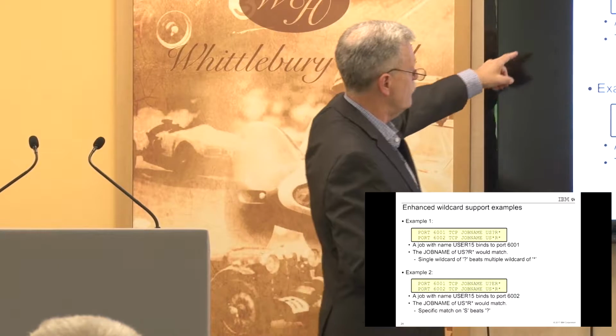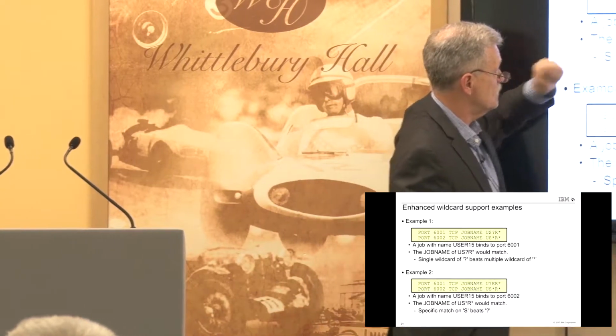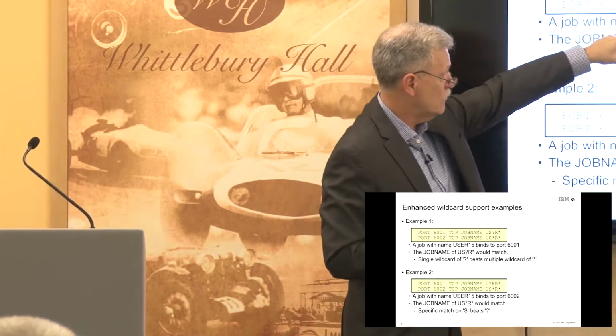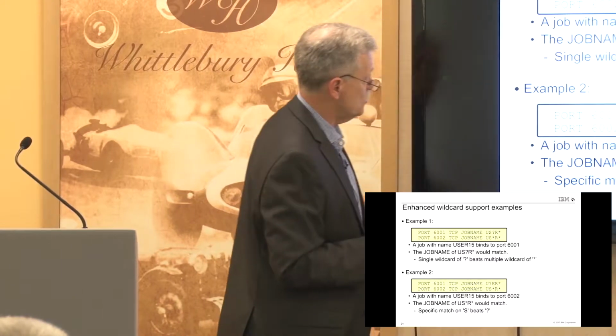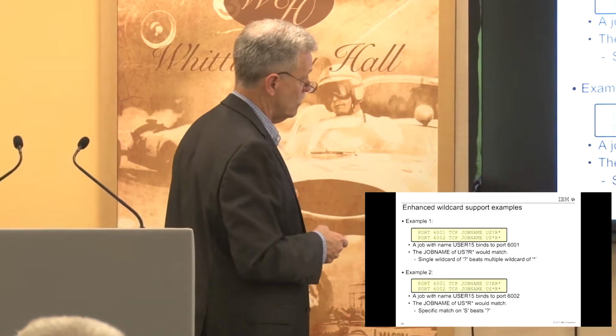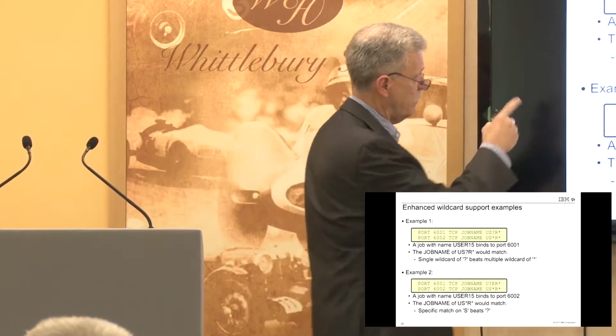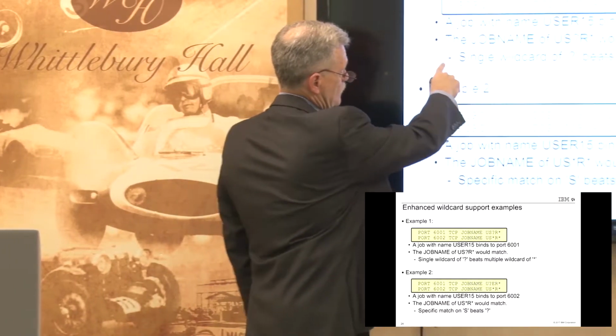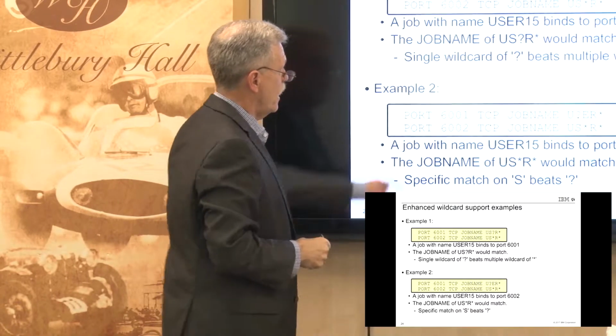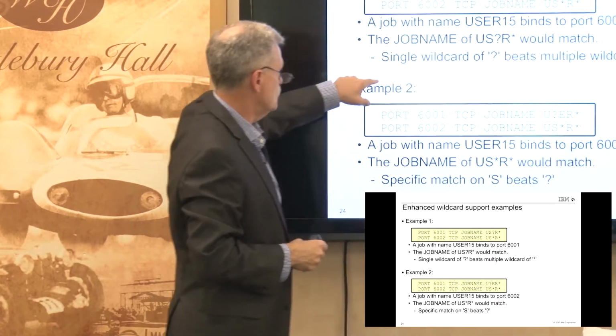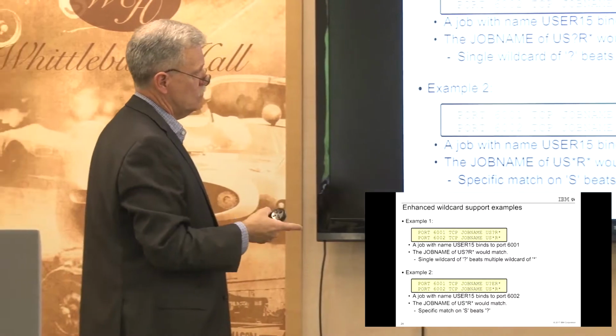A couple of examples help make this clear. Example 1: I have 2 port statements, 6001 and 6002, with the following 2 job names, US question mark and US asterisk. If a job name with user 15 binds to 6001, it's because the single wildcard question mark beats multiple.